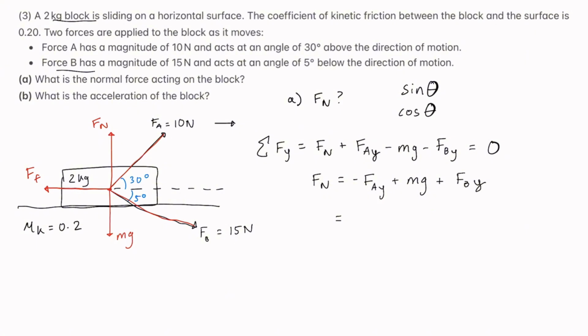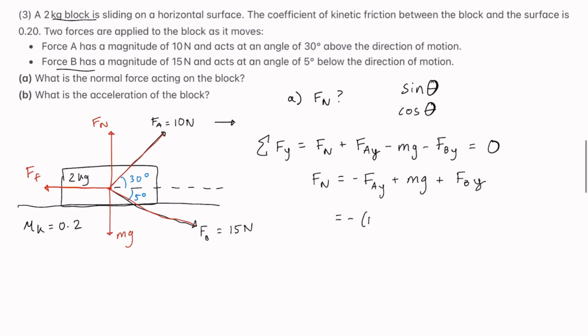So for Fay in the y direction, we'll have negative 10 newtons, which is its magnitude, times sine of 30. mg is simply the 2 kilograms times 10, and for Fby, we have 15 times sine 5. Simplifying this, we get Fn is equal to 16.31 newtons.